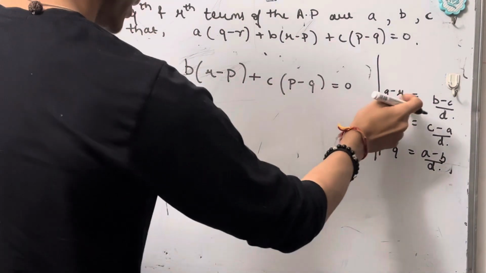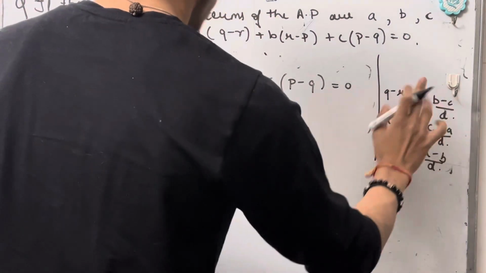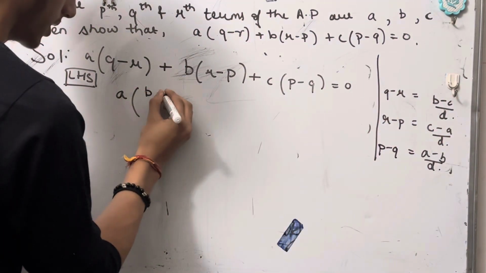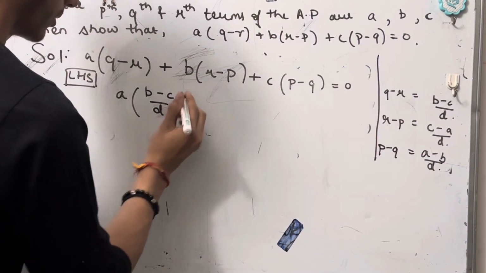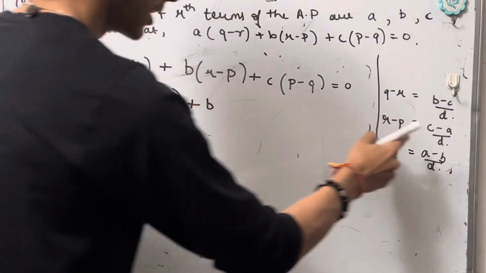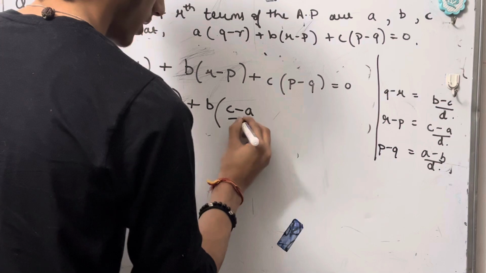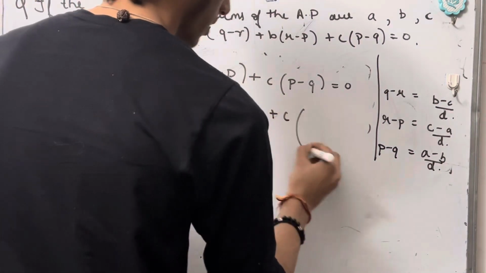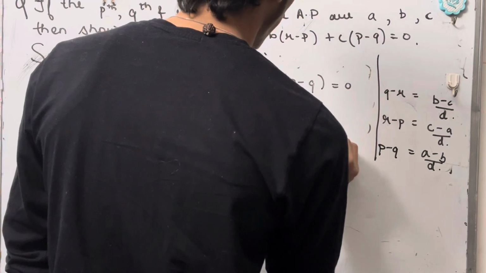The value of Q minus R is (B minus C) upon D, so A into (B minus C) upon D, plus B into the value of R minus P, which is (C minus A) upon D, plus C into the value of P minus Q, which is (A minus B) upon D.